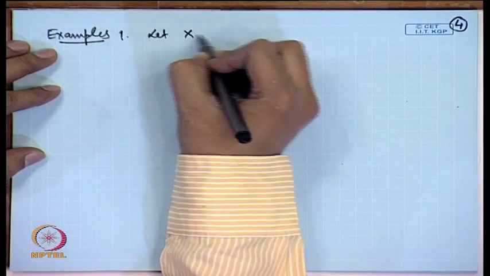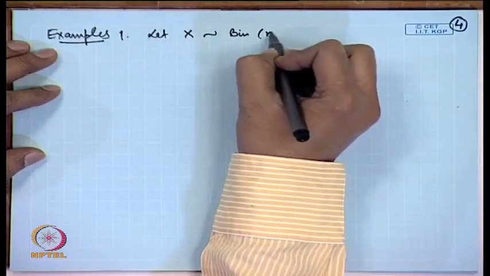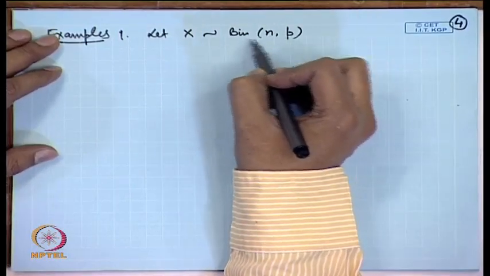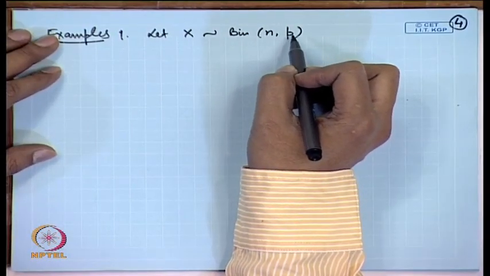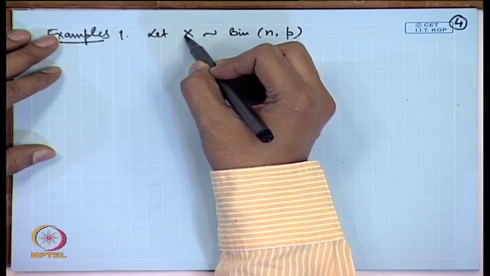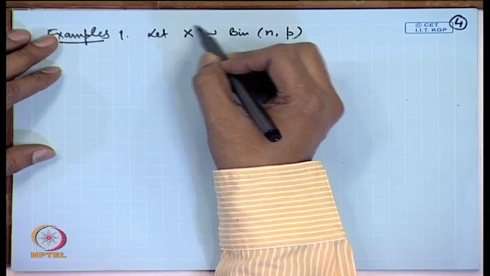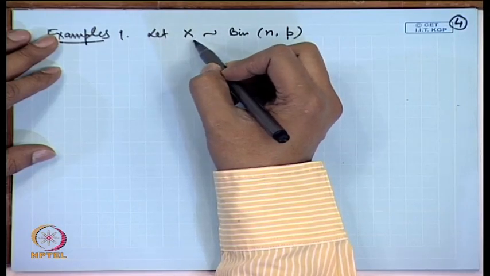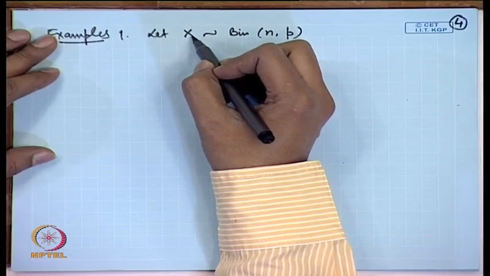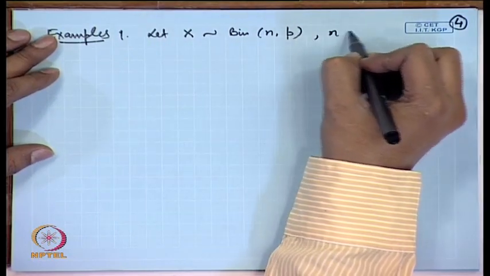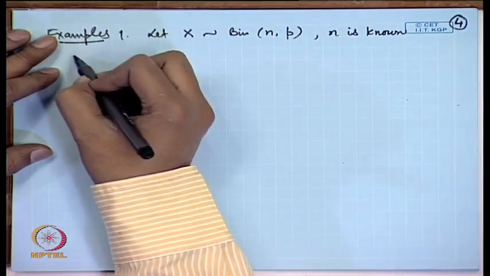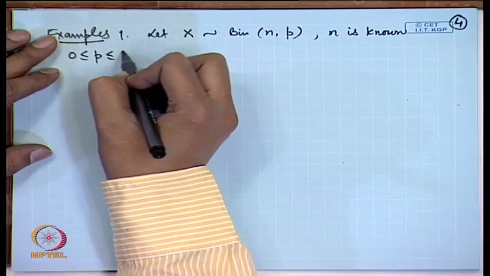Let us consider a binomial random variable with parameters n, p. So, that means, there is an experiment where the outcomes are Bernoulli trials, and the number of successes X has been recorded. So, the outcomes of the random sample is recorded in the form of the total number of successes. Here we may consider n is known, that means, the parameter of interest is the probability of success or the proportion of successes.